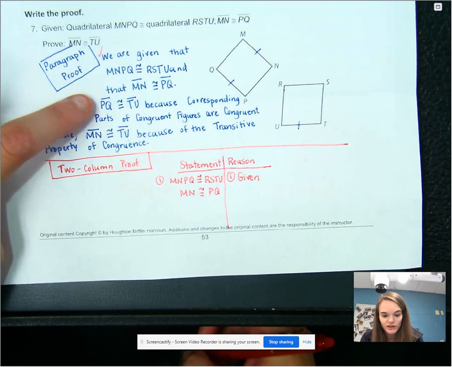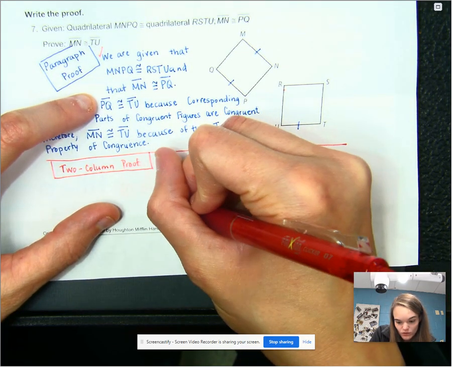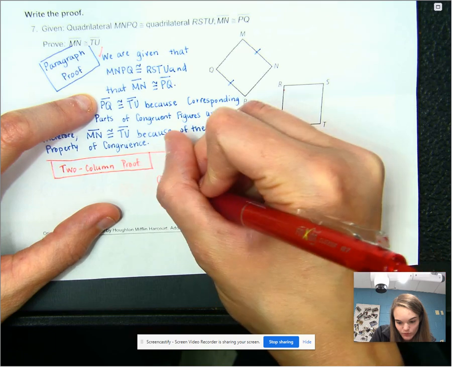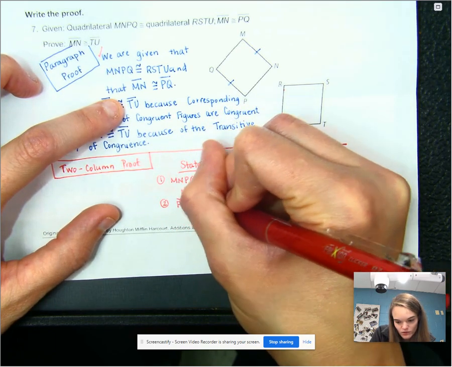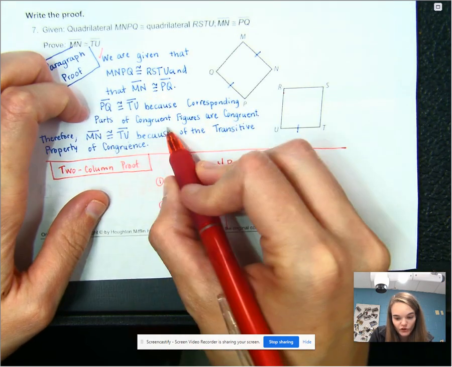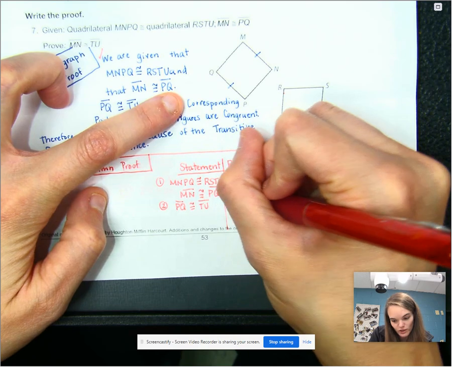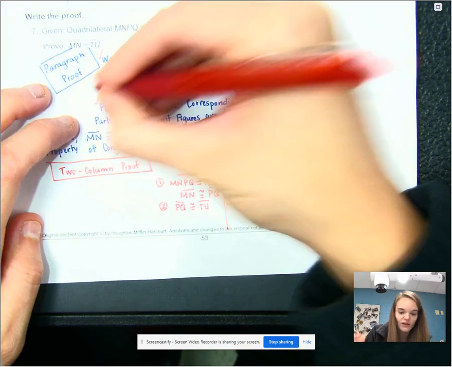Let's go to our second sentence. PQ is congruent to TU because corresponding parts of congruent figures are congruent. We're going to use the shortcut. There's our second sentence.